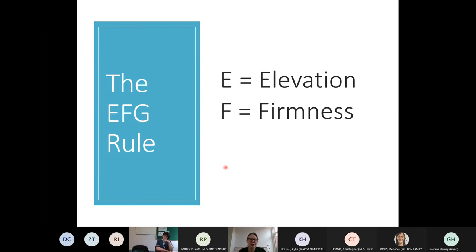It's somewhere in between. So it feels quite firm. And then the G stands for growth. So if you'd seen that person with the amelanotic nodular melanoma and thought, this looks really odd and I don't know what it is, but it follows this rule, and they would presumably have come with a history of it having grown and changed, and you felt it and it was firm and it's elevated, then that's a really suspicious thing.